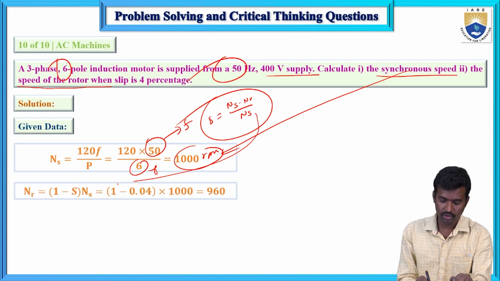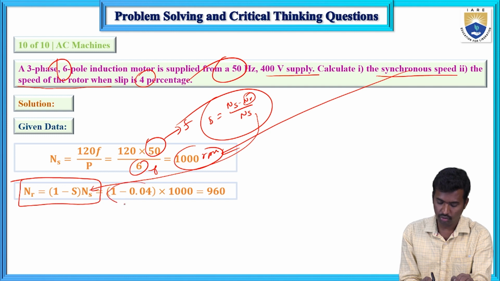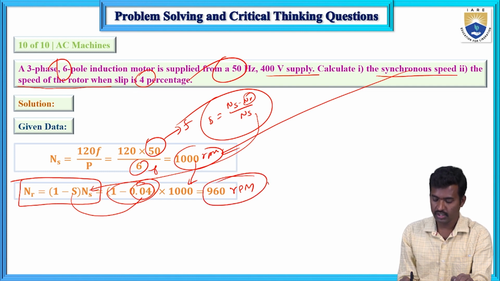From this you can write NR equals 1 minus S into NS. This formula is important. Here slip value is 4%, 0.04, this is the slip S value and the synchronous speed is 1000. The speed of the rotor when slip is 4% is 960 RPM.